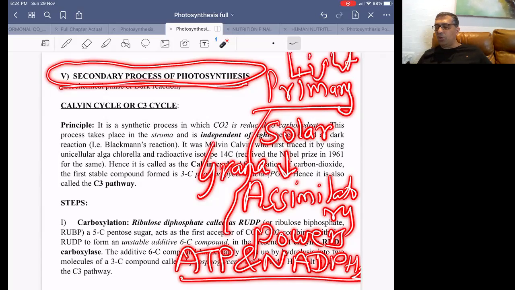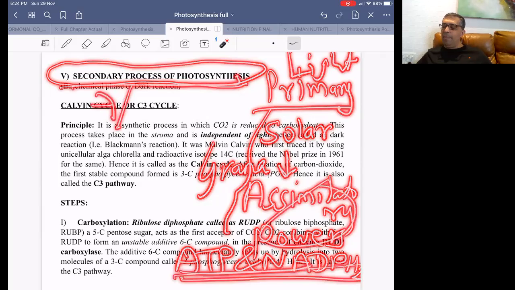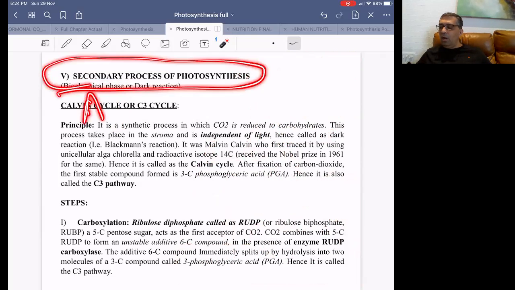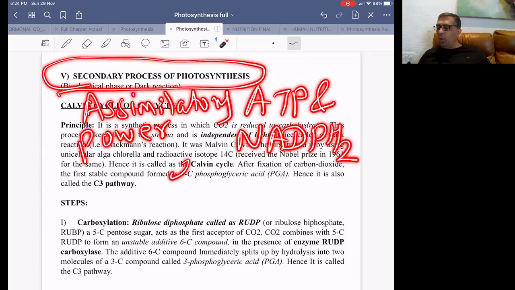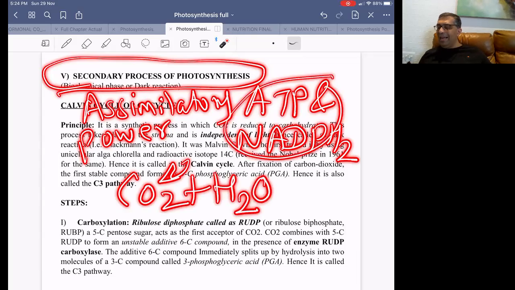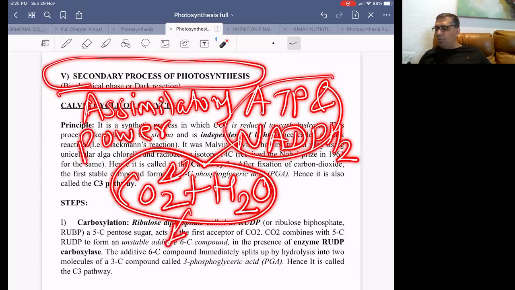Then we have dark reaction. What is dark reaction called? Secondary process, in which assimilatory power, that is ATP and NADPH2, combined with CO2 and H2O, and all the energy gets trapped between CO2 and H2O to form C6H12O6.